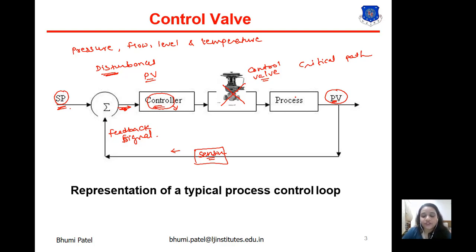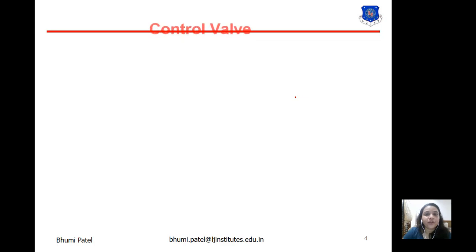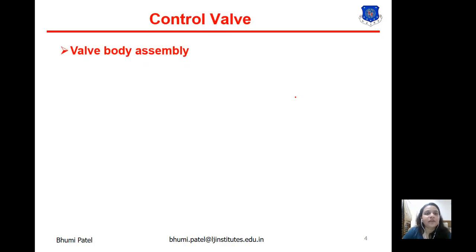So our next topic is the control valve body assembly. Which types of assembly are connected in the control valve? In the control valve there are two main types of control valve design, depending upon the action of the closure members, sliding stem and rotary.